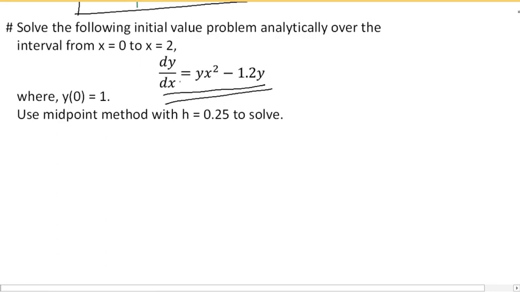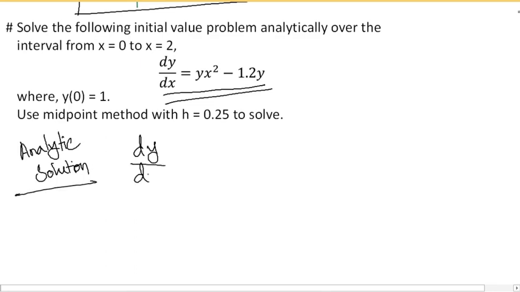And this one, as you can see, is also a separable variable equation. First we are going for the analytical solution. dy by dx equals y times x squared minus 1.2.